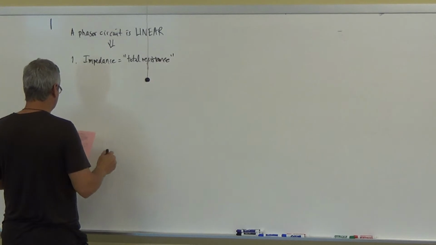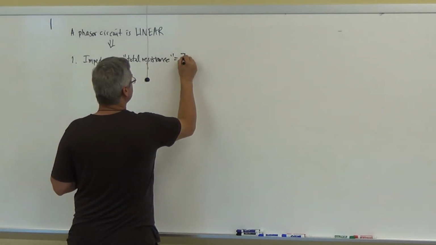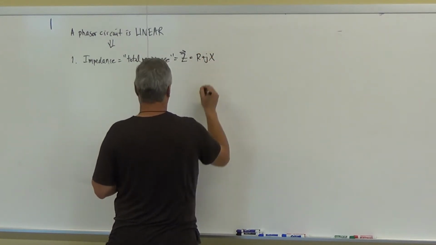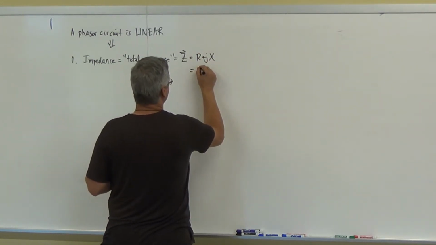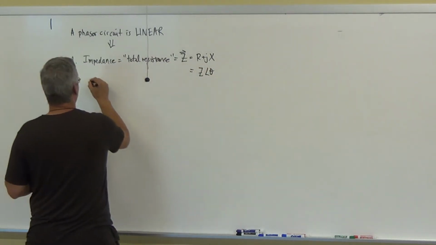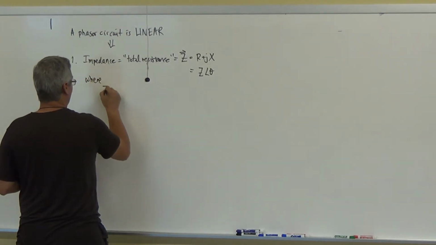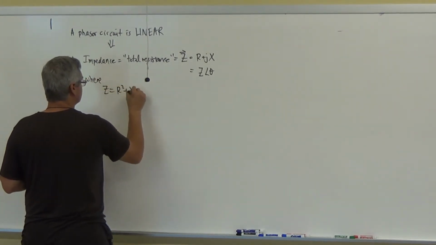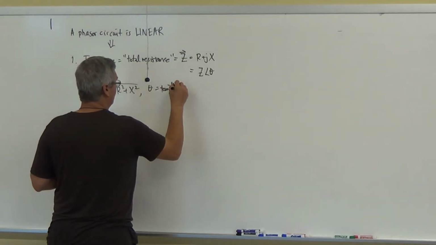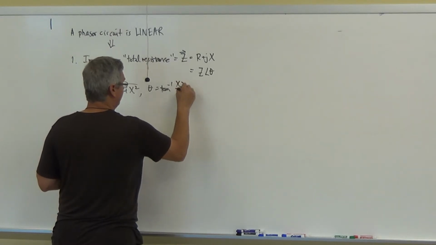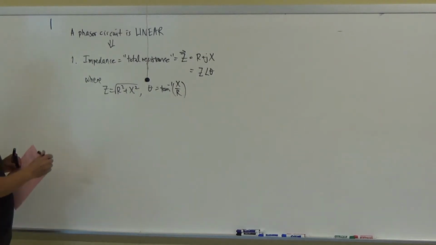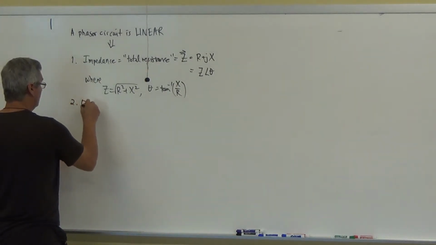When I calculate the total resistance, we typically define that as Z. Z is R plus jX, or we can write this as Z angle theta, where Z is the square root of R squared plus X squared, and theta is the tan inverse of X over R. And we now have Ohm's law.